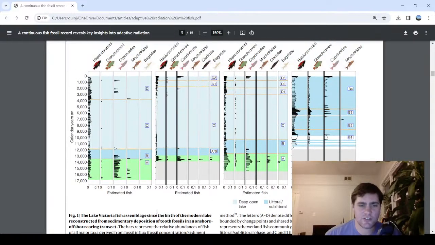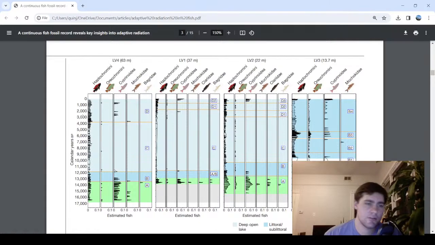Lake Victoria fish assemblages since the birth of the modern lake, reconstructed from sedimentary deposition of tooth fossils. Calendar years. So here's the haplochromines. This is what they're really looking at.